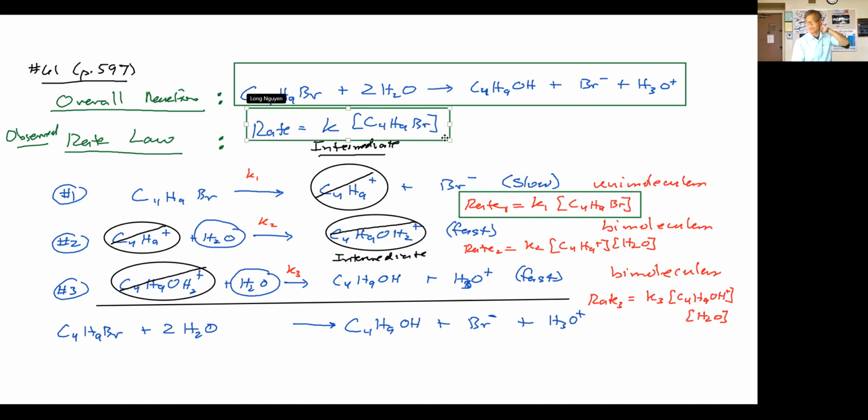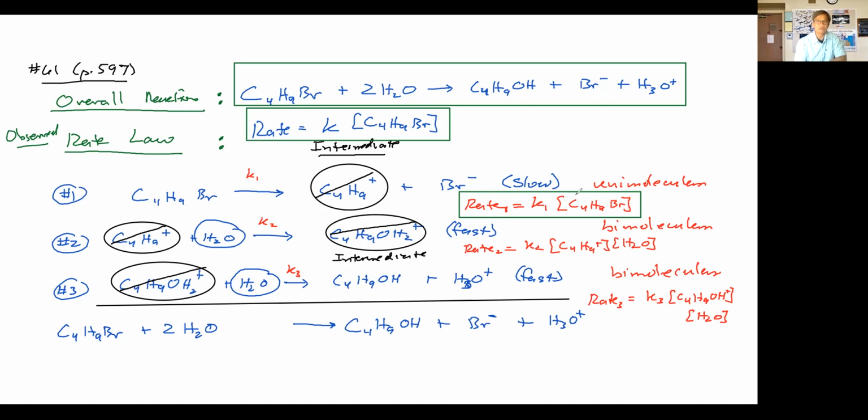And so if this is what we observe, water is not going to determine the speed, the kinetics of this particular reaction. It's only going to be the C4H9Br that's going to determine that. So the bromobutane is what's going to determine how quickly this reaction runs.